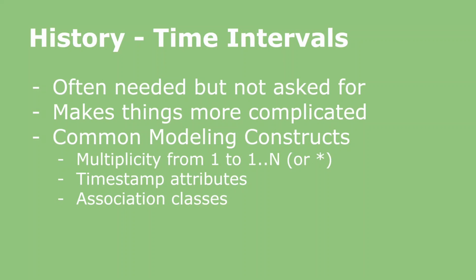And then you have this history, so to speak, of prices for every item that you can look up. So you can know the price of this item for a particular point in time. Association classes are also commonly used to add this timestamp for an association.